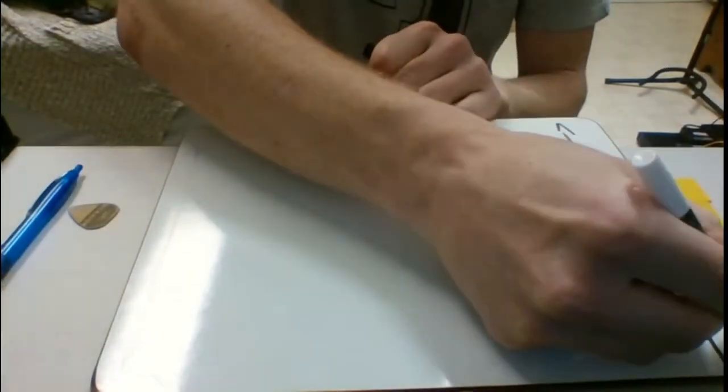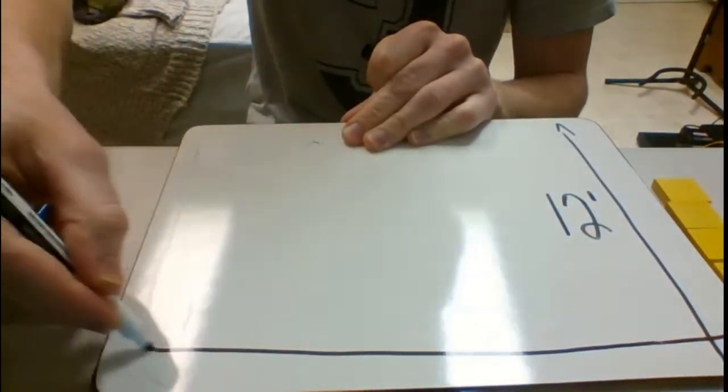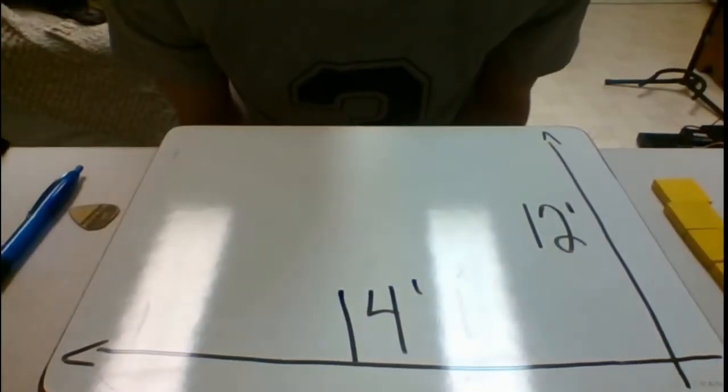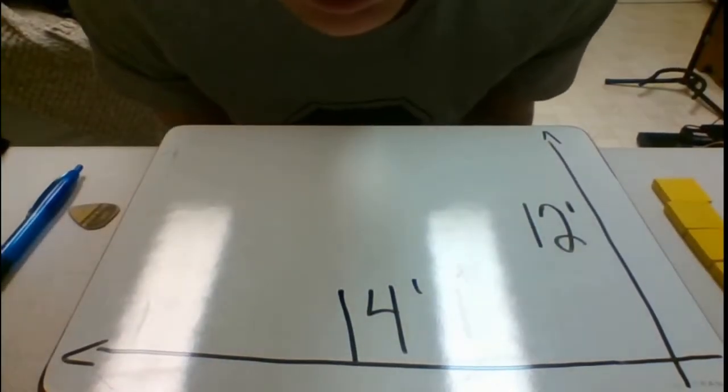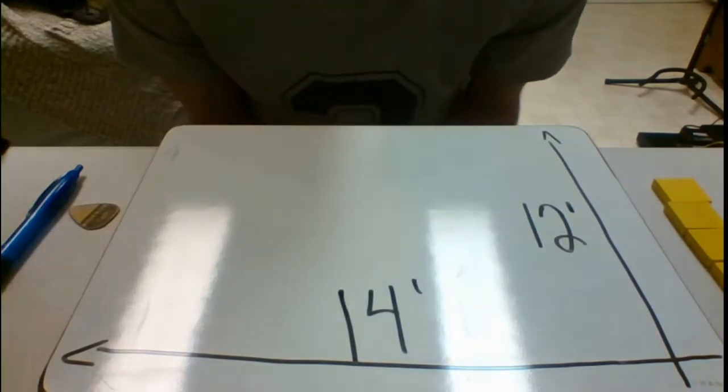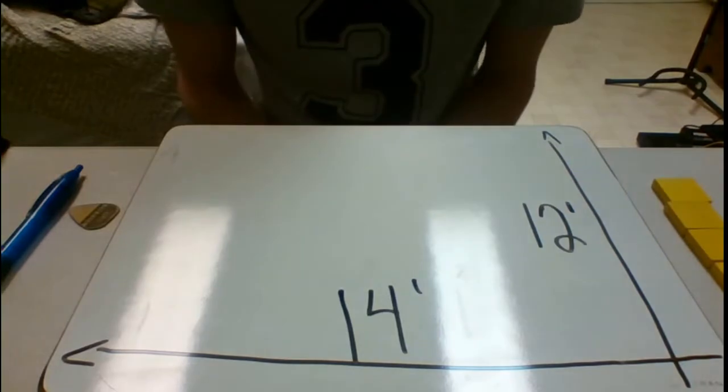Let's write that on our whiteboard. So this bedroom that I'm sitting in is 12 feet long by 14 feet wide, or 14 feet wide by 12 feet long. It doesn't matter which way you say it.